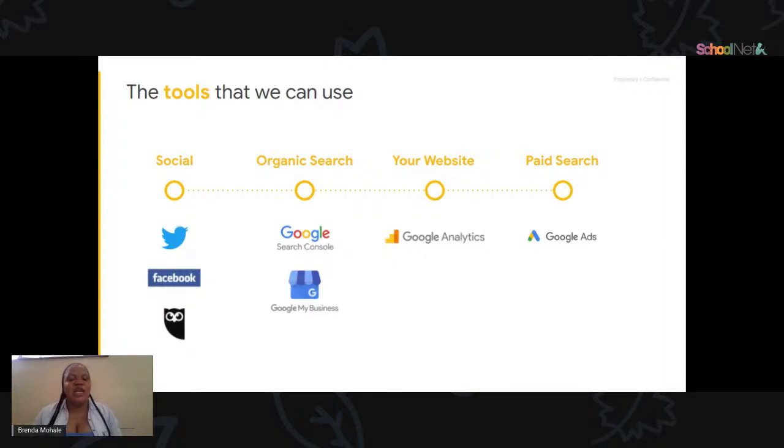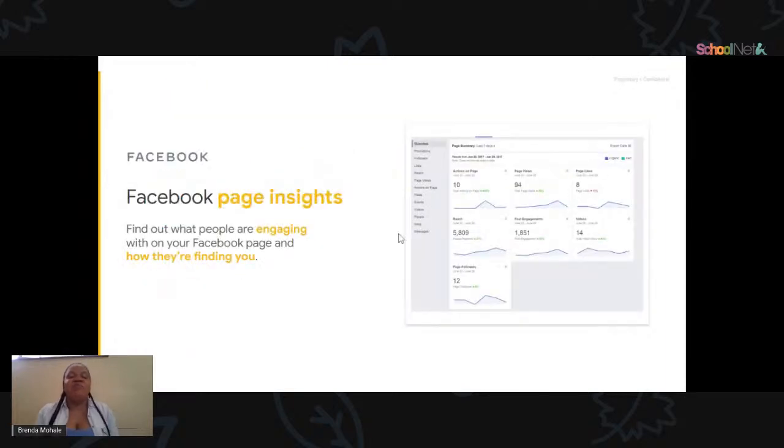With organic search we're talking about the search in the Search Console, and then Google My Business. And you can also use your Google Analytics for your website. And we have the paid search. With paid search, it means what? It is Google Ads. We all know Google Ads, and I'll be explaining more on Google Ads.